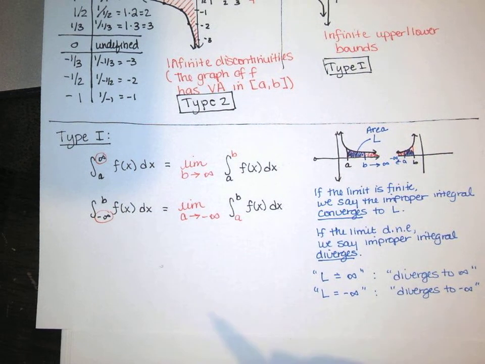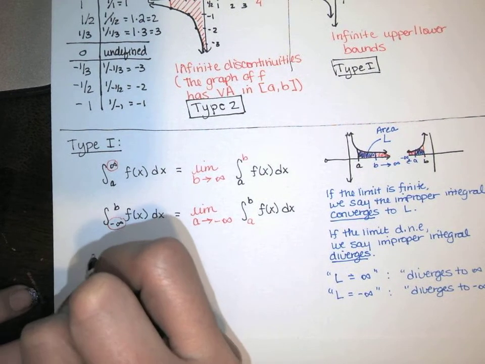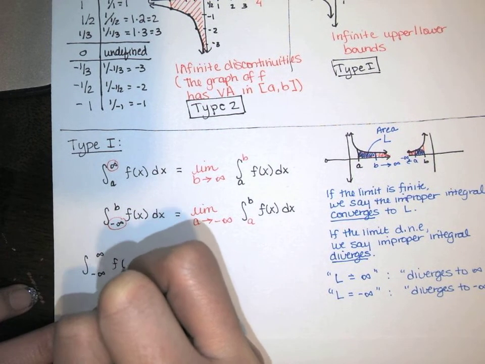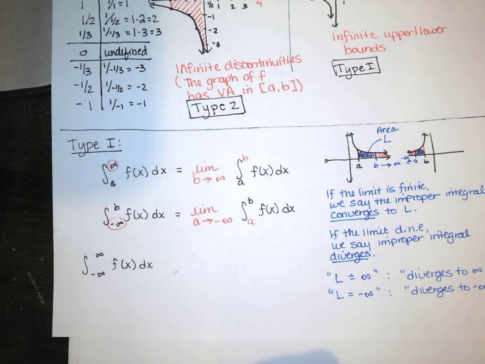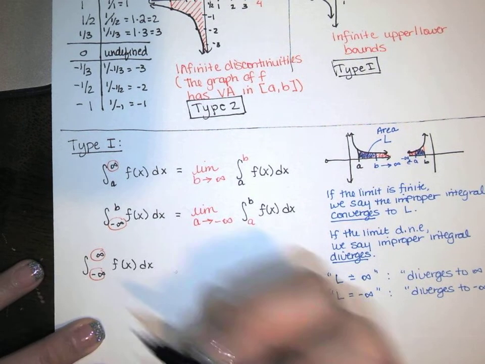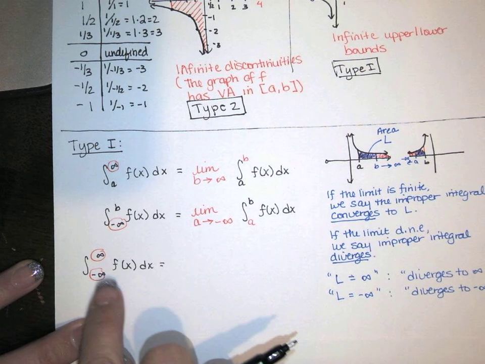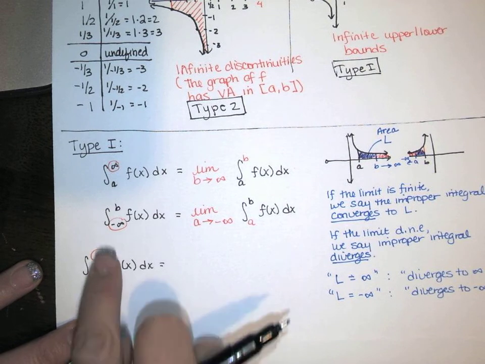Now, those might seem like the only possibilities, but there's actually a third possibility. And we'll work a problem like this. Maybe you have the integral from negative infinity to infinity of f of x. Obviously improper. I've got two problems, the lower limit and the upper limit. This is easy enough. You just split it. You can pick any x value in between negative infinity and infinity, which is literally any x value you want, any real number.